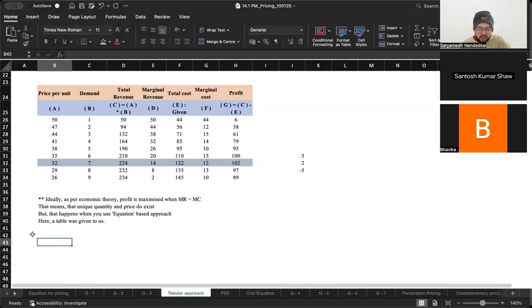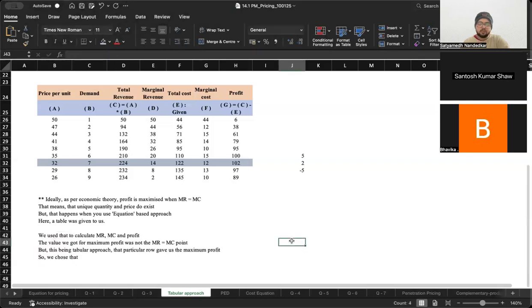And here we arrived at the optimum selling price and optimum quantity, which might not necessarily be a point where MC is equal to MR, but it will be a point where the maximum possible profit is achieved. So the tabular approach is all about that.